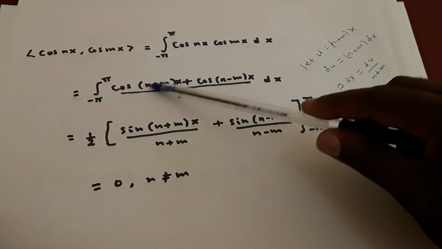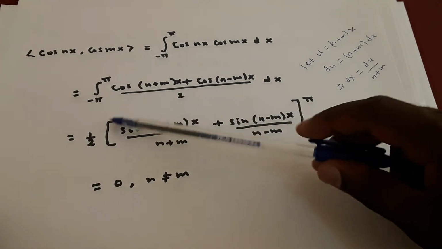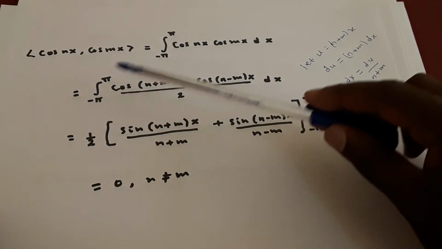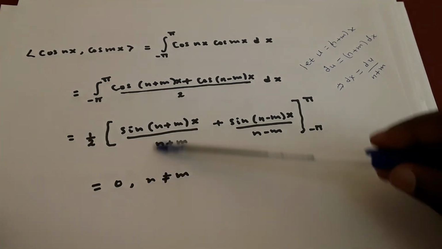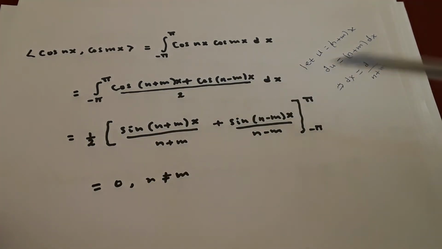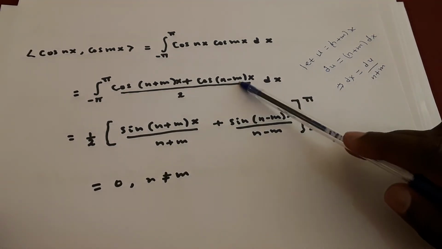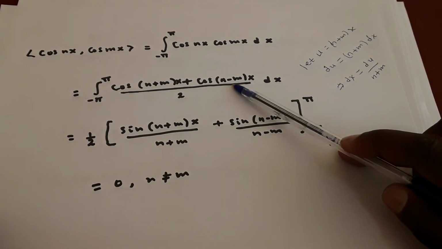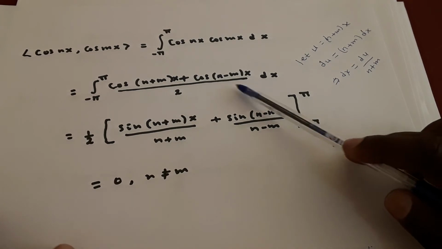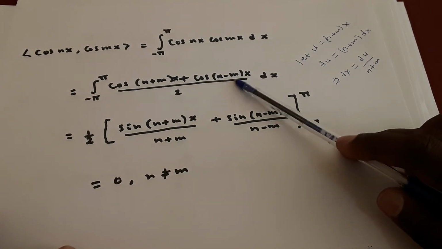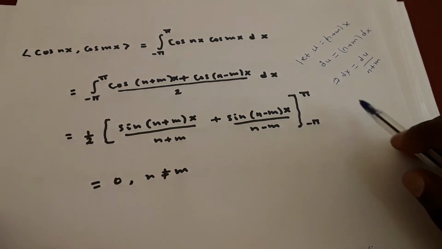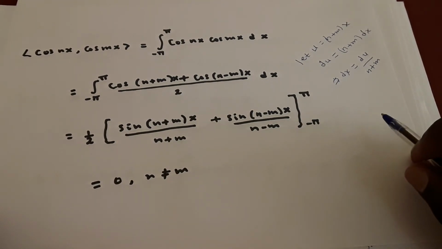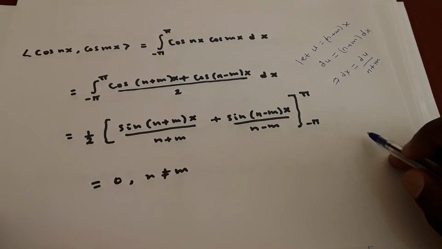Here we have the integration from minus pi to pi of the cosine function, and in this case cosine of n minus m is cos 0, which is 1. The integration of 1 dx gives x, over 2.